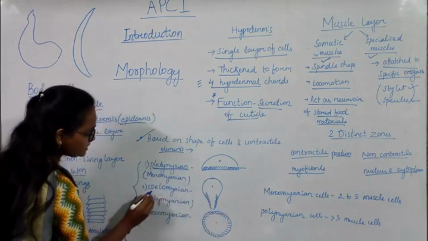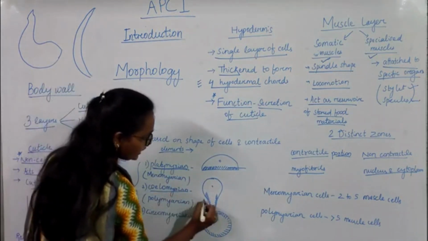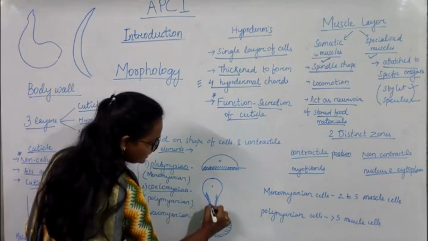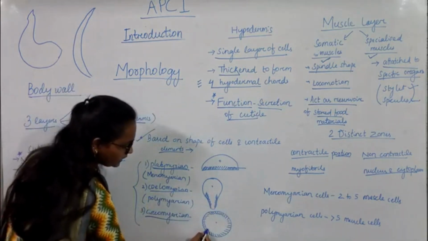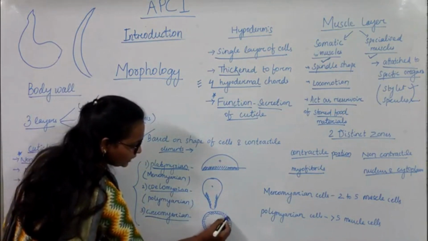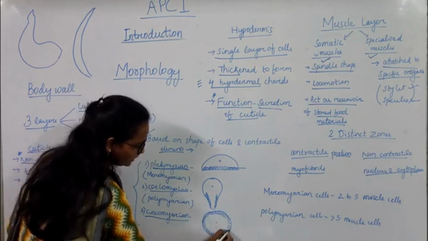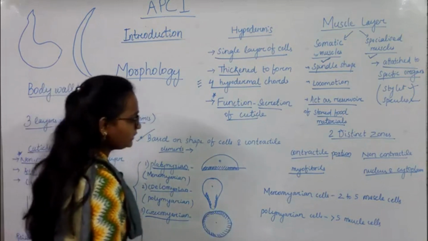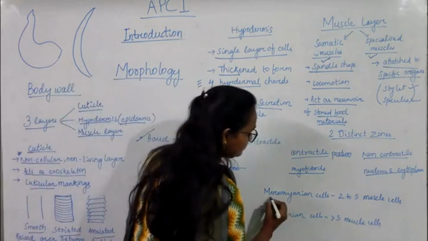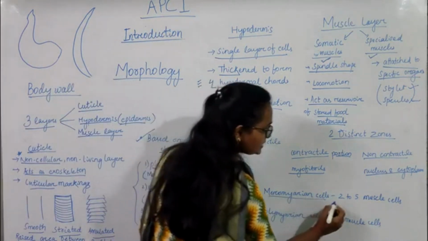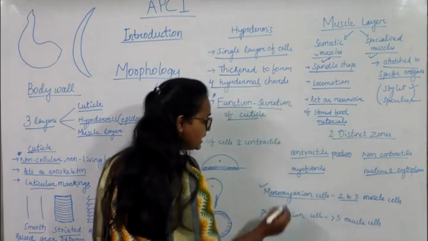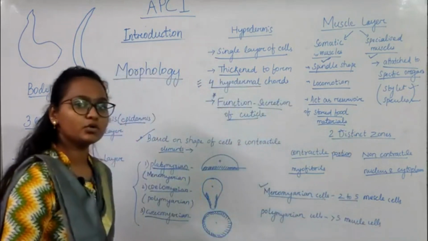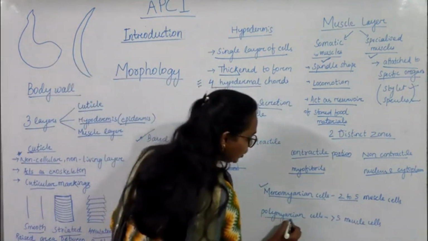The next is coelomyarian cells, in which the contractile elements are attached to the sides of the cells. The next one is circomyarian, where the contractile elements are present all around the circumference of the cells. Then meromyarian cells: when the muscle cells are 2 to 5 in number, they are called meromyarian cells, and when the muscle cells are more than 5, they are called polymyarian cells.